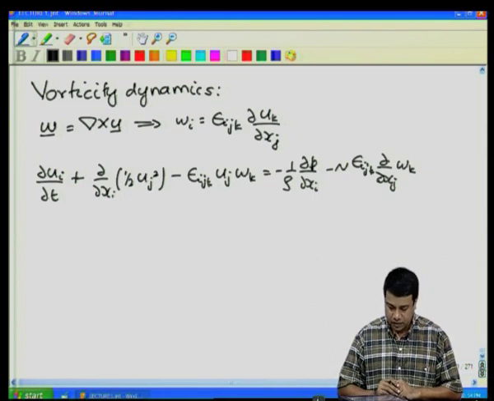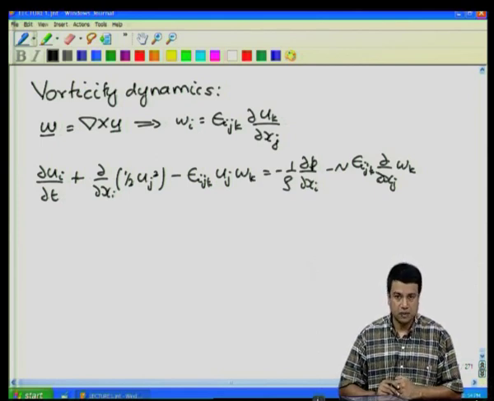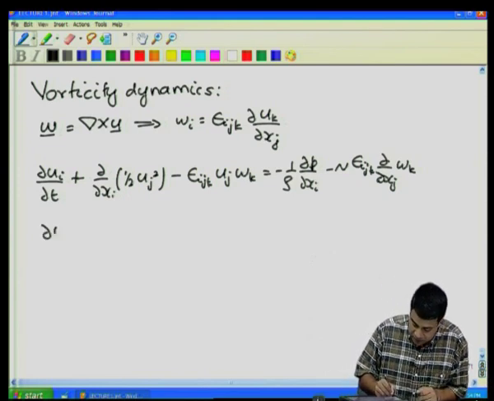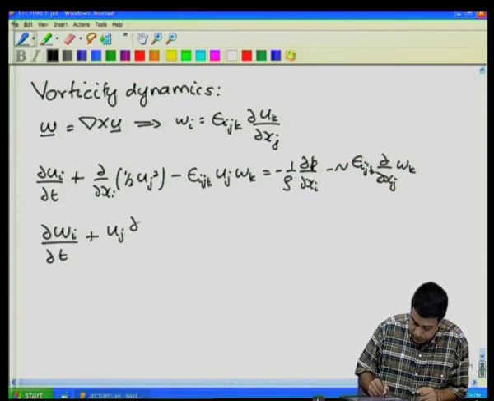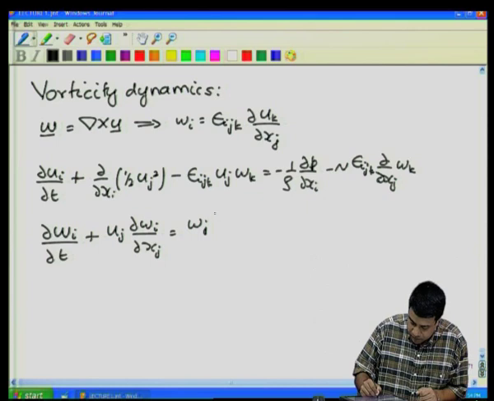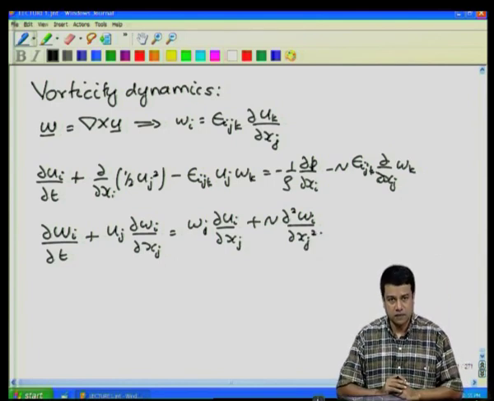And in the last class, we also derived a balance equation for the vorticity, by just taking the curl of the entire momentum equation. That vorticity balance equation turned out to be partial omega_i by partial t plus... that was the balance equation for the vorticity.